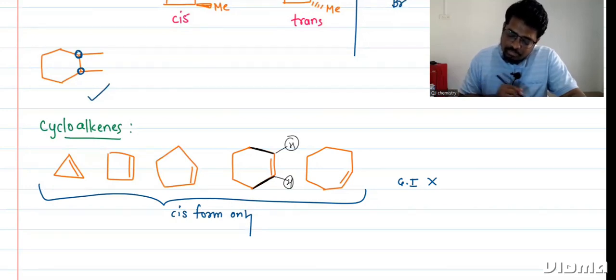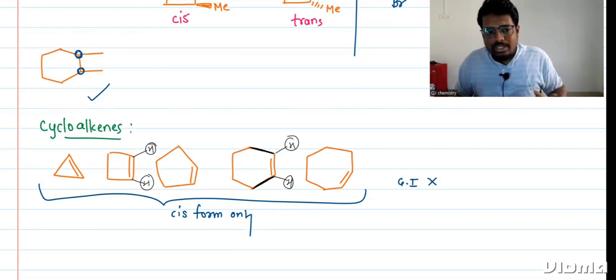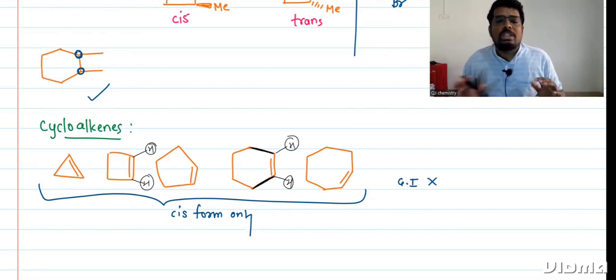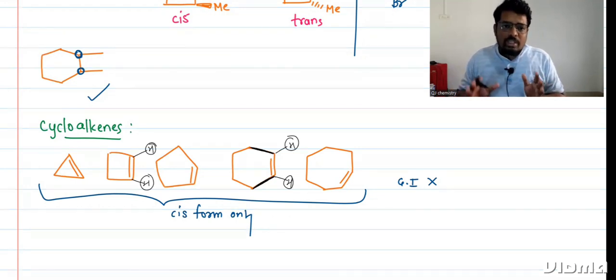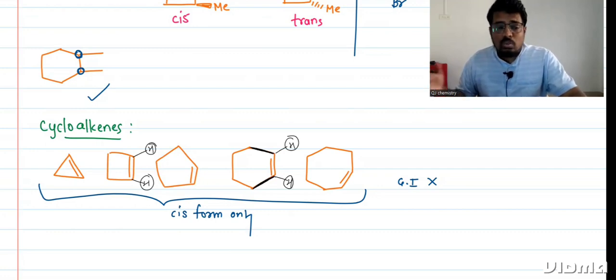So these are the cis form. If we take any compound, we'll find hydrogens lie on the same side. So these forms are what? Cis form, right? And these compounds, up to 7-membered ring cycloalkenes, do not show geometrical isomers around a carbon-carbon double bond, because they exist only in cis form. But if we take an 8-membered ring or 9-membered ring, 10-membered ring, from the 8-membered ring onwards, including the 8-membered ring, they show geometrical isomers.